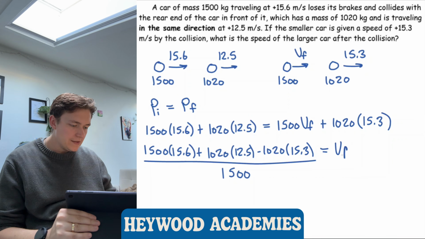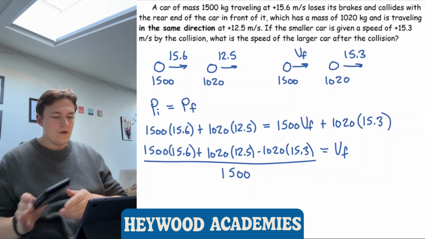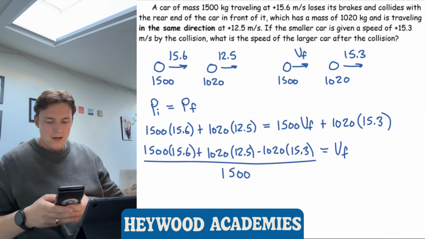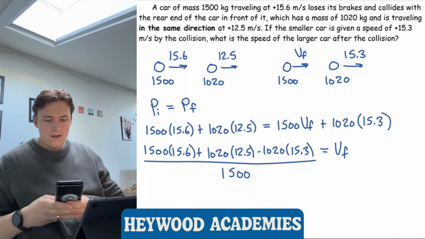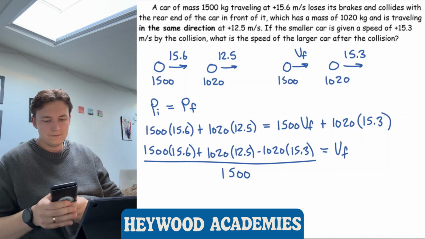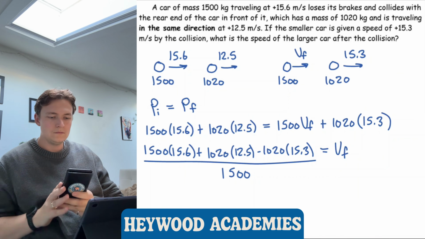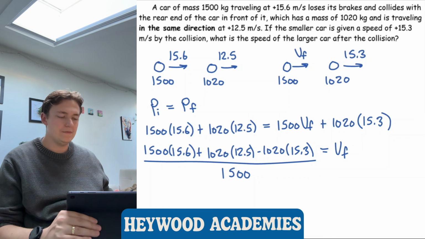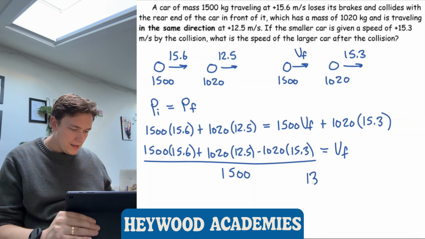And that's going to give us our final velocity. So now I'll go ahead and plug this atrocious looking thing into the calculator and try not to make any mistakes. So that gave me 13.7 roughly, which is what they got, so we are looking good.